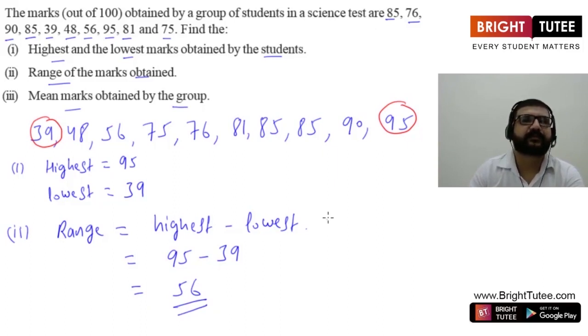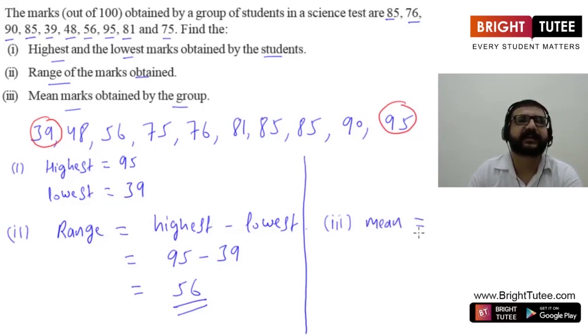Now we have to find the mean of this data. The third question here is finding mean. Now as we know, mean is equal to the sum of all the observations divided by the number of observations. So here it will become total marks obtained by all the students divided by the number of students here.